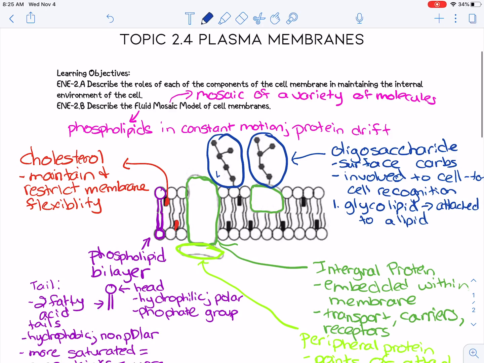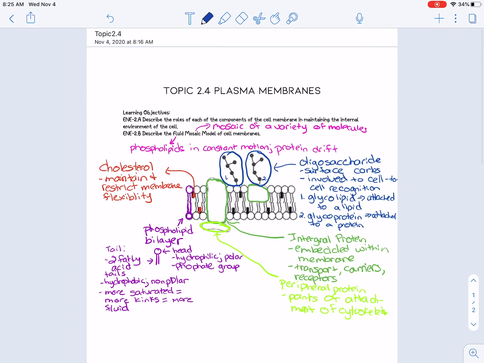Then I'm going to put a number 2 right here because you can probably see that it's attached to a protein. So we're going to call it a glycoprotein, attached to a protein. Cool. So those are all the parts of the cell membrane, and we're going to see how they function in other videos.